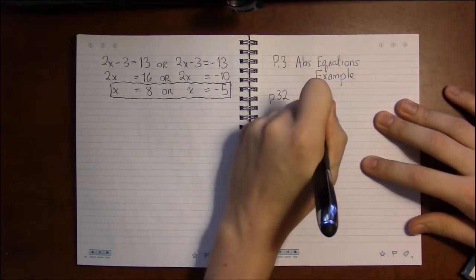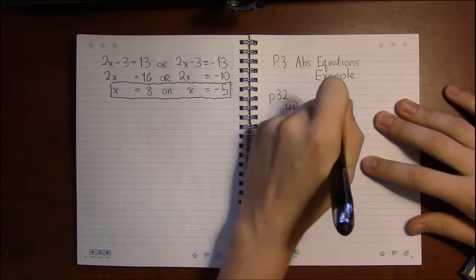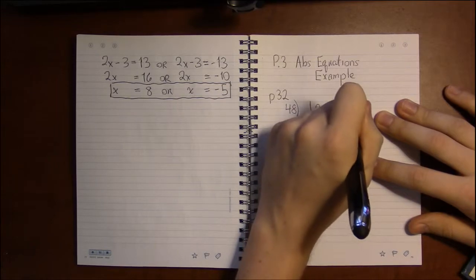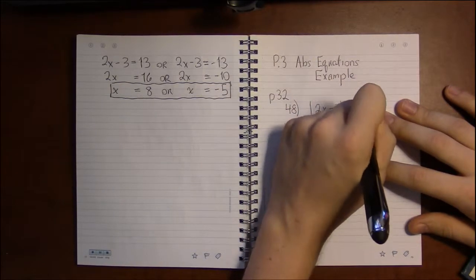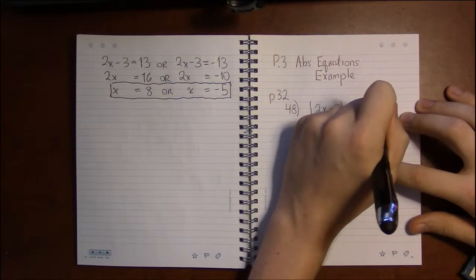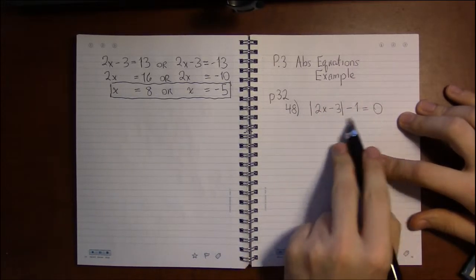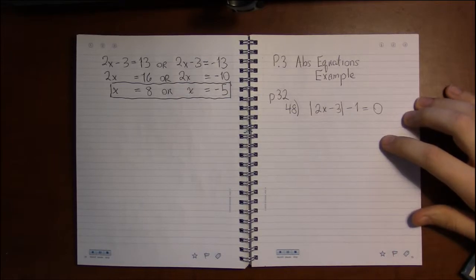Problem 48 tells us that the absolute value of 2x minus 3, and then subtract 1, should be equal to 0. What are the values of x that make this equation true?